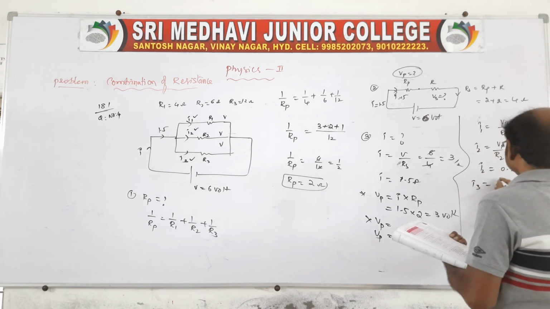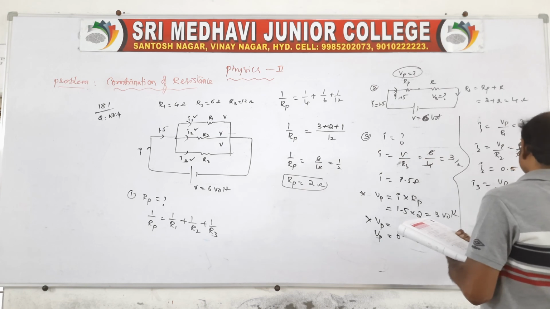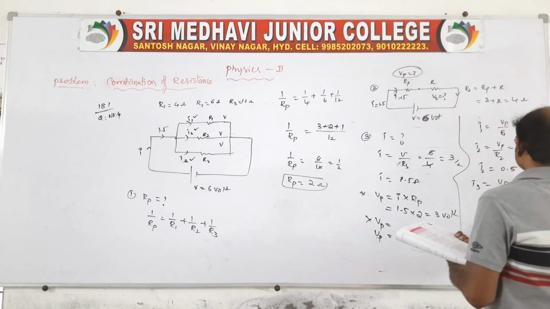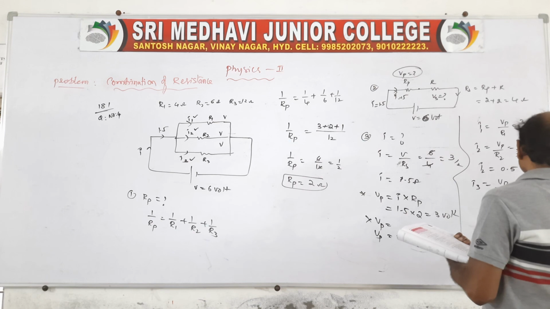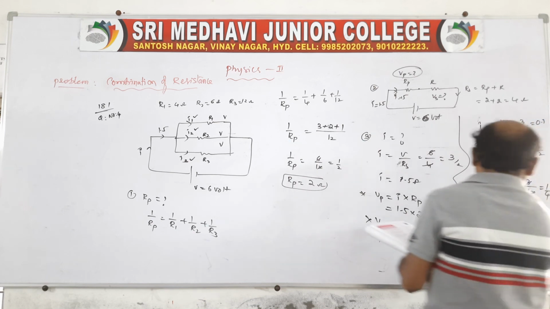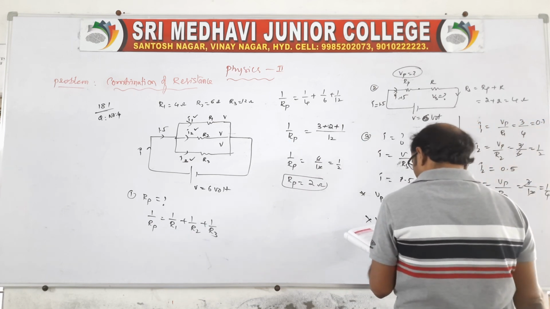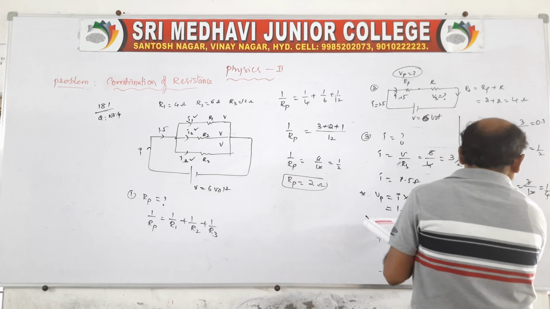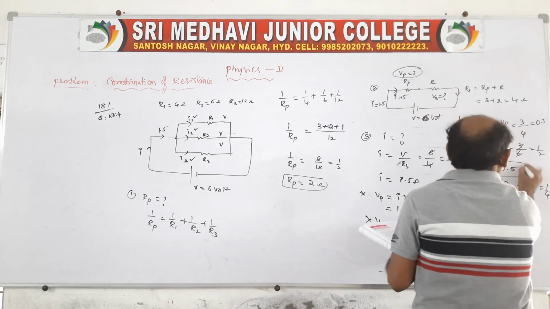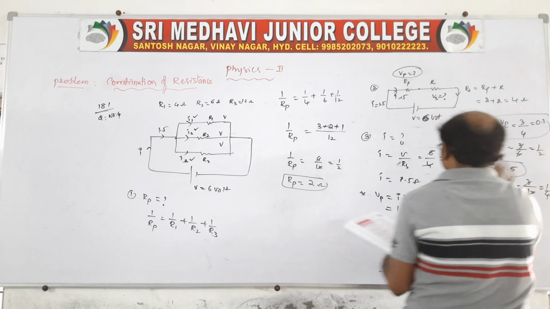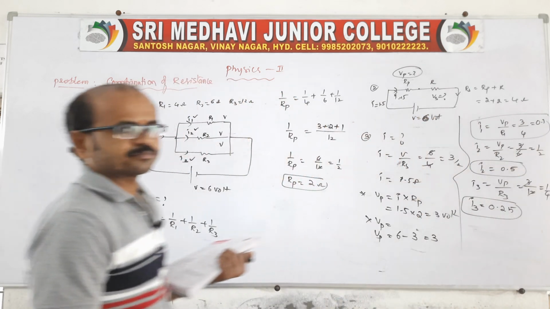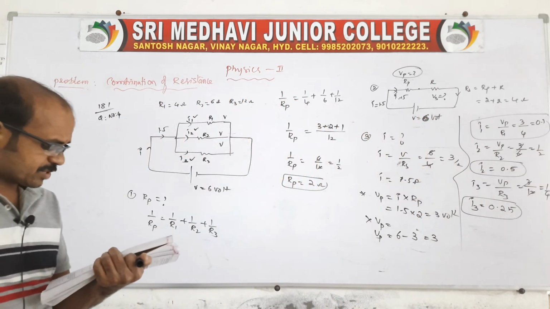And I3 is equal to Vp by R3. Vp is again 3 and R3 is 12, so 3 ones are 3, 3 fours are 12, 1 by 4, so I3 is 0.25. If we add I1, I2 and I3, we get the current equal to 1.5. This is the way we need to get it.